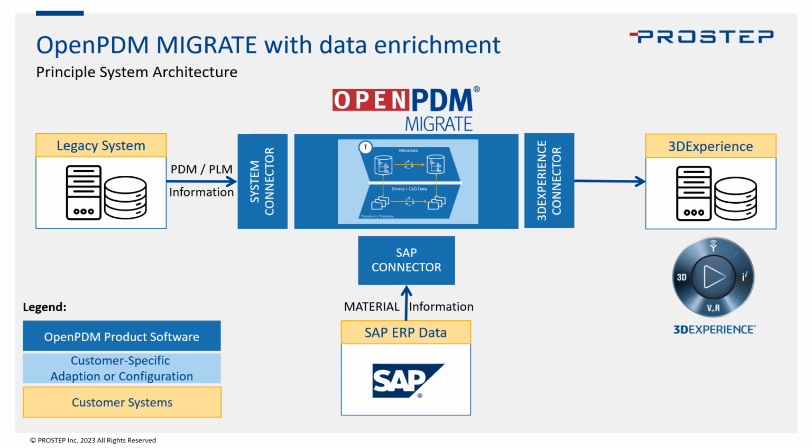What you're getting with that commercial off-the-shelf software is the ability to just do that specific configuration, mapping, and scripting that is needed inside OpenPDM Migrate, and then leverage all the tools like the connectors and the other processes and reporting that already exist with the product.